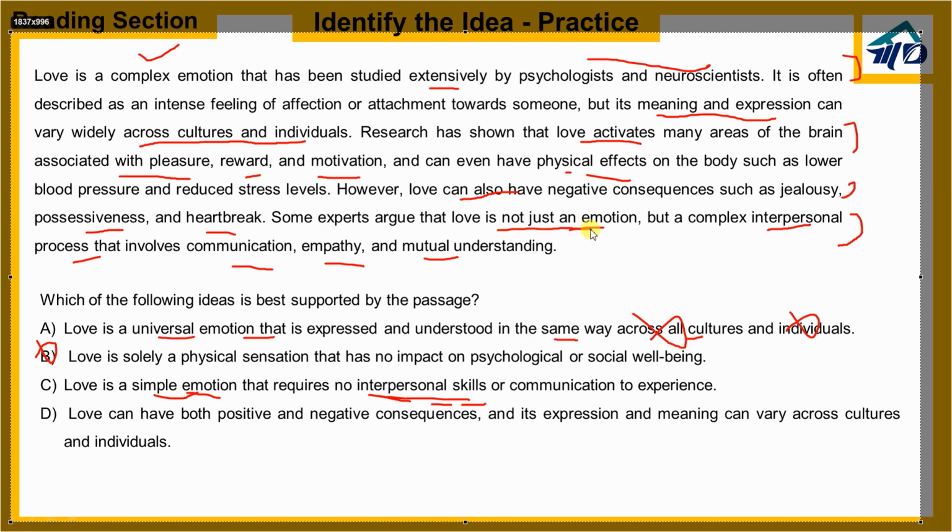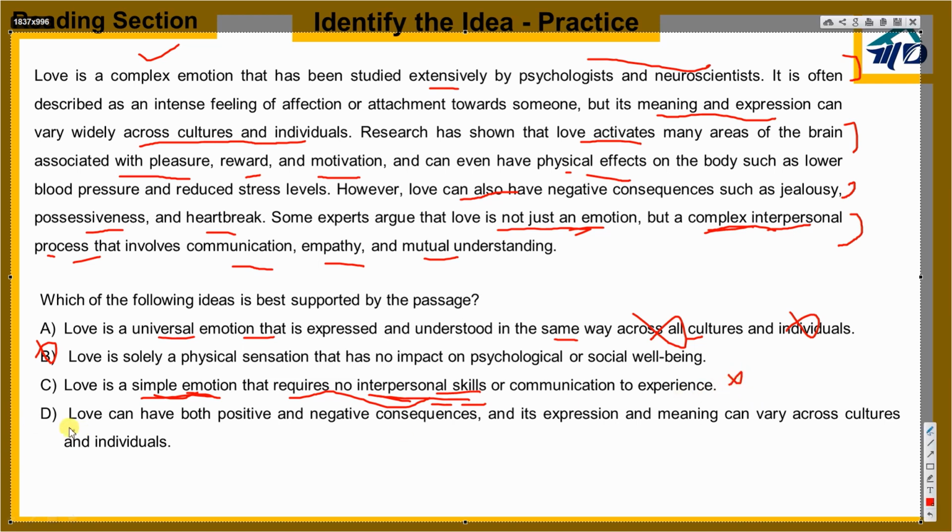Love is not just an emotion. What they are saying here is that it is just a simple emotion. So again, it is contradicting the paragraph. Here it is written that it requires no interpersonal skills, but the paragraph says it is a complex interpersonal process. They are talking about process, they are talking about skills here. So I can eliminate this one also.